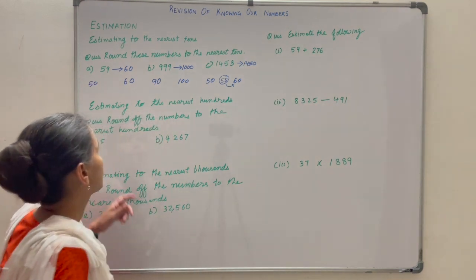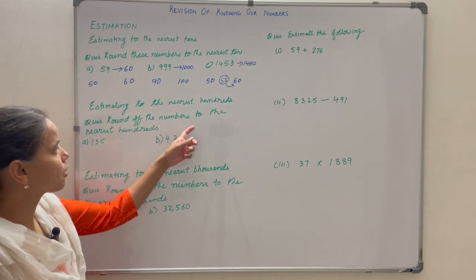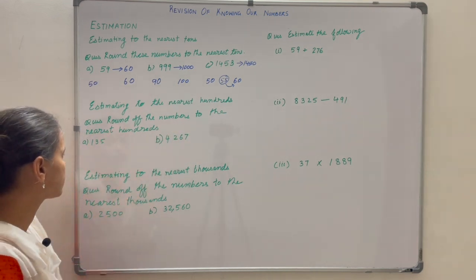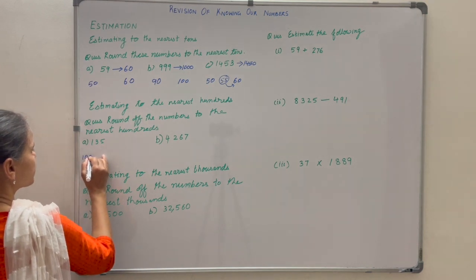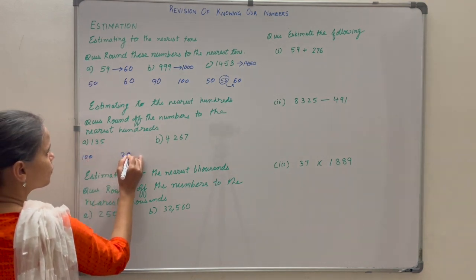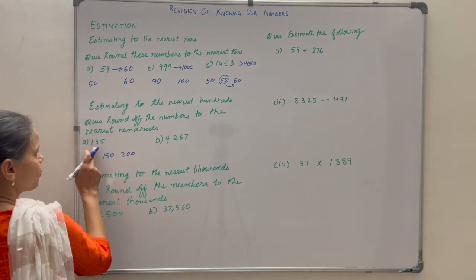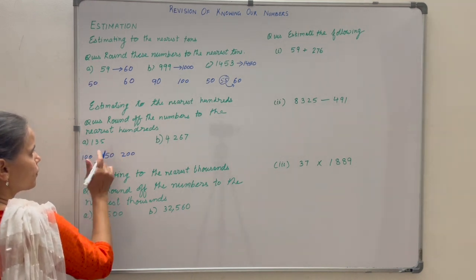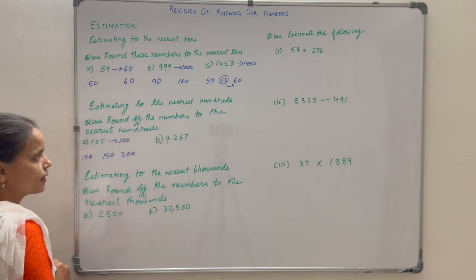Estimating to the nearest hundreds. Round off these numbers to the nearest hundreds. So 135, it lies between 100 and 200. The mid value is 150. So 135 is lesser than 150. So it is rounded off to 100.